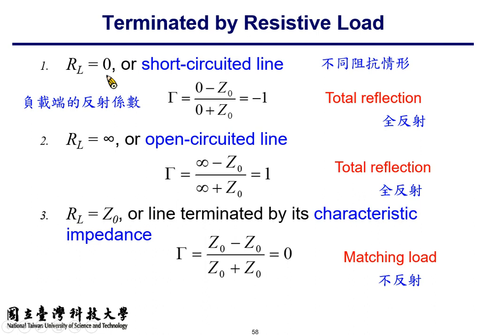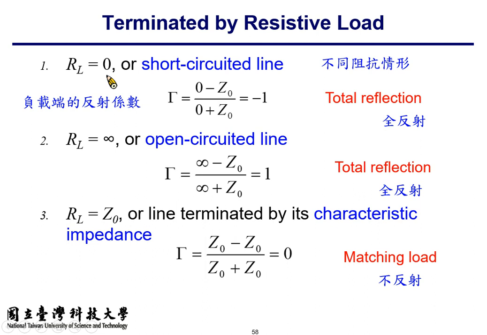As you can see, the reflection coefficients for the short circuit line and the open circuit line are quite the same. Are they the same? One is 1, the other is -1. They are not the same. Well, they have the same magnitude, and it means all the incident power is reflected. All the incident signal is reflected.